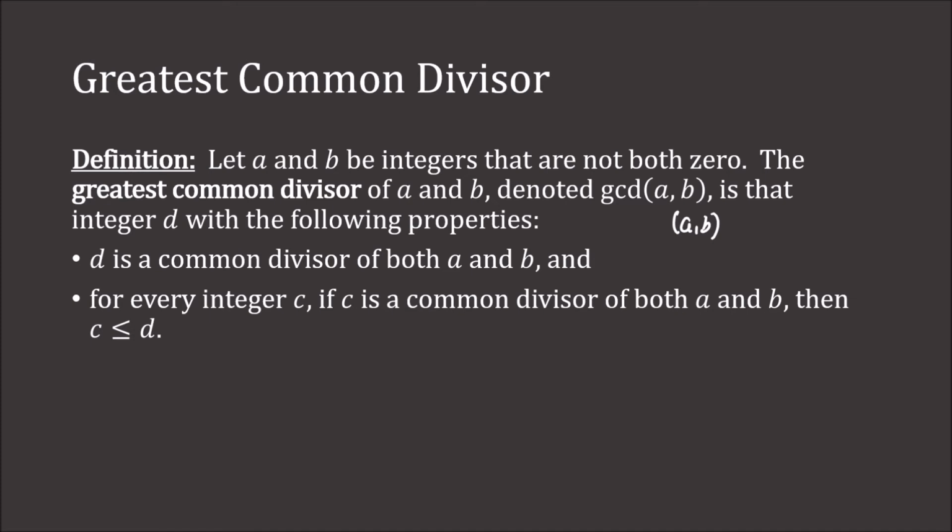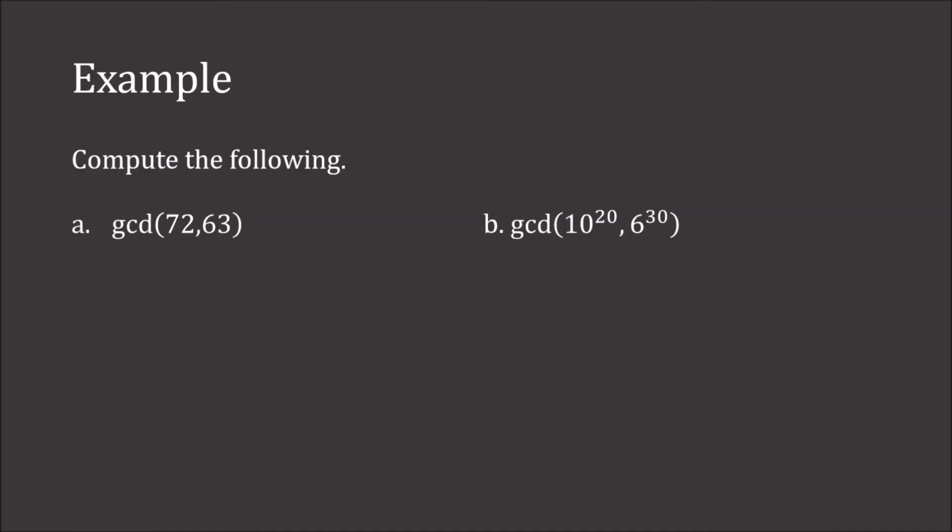So let's now compute the GCD of the following. So the GCD of 72 and 63. To do this, the easiest way, without the use of technology, is to write out each number in its prime factorization. Right?